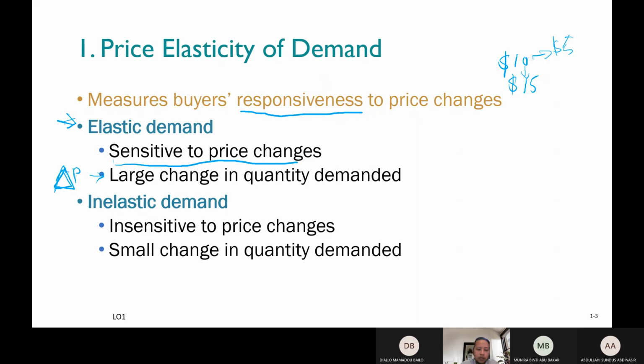For an inelastic demand, these are goods that are insensitive to price changes, so changes in price result in small changes in quantity demanded.